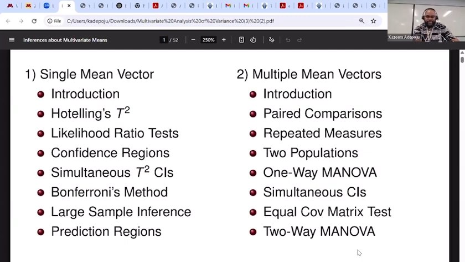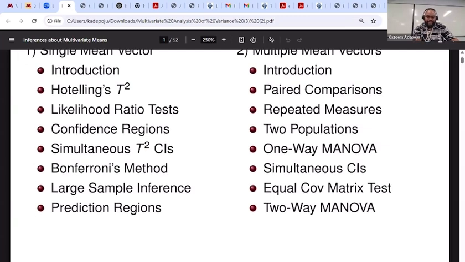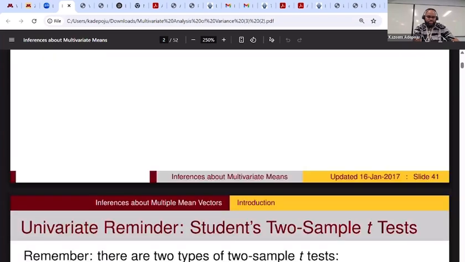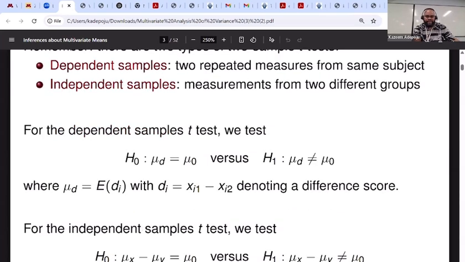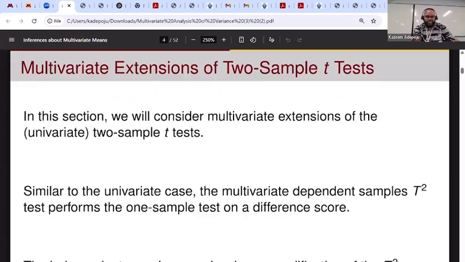But I think I'll first walk you through the univariate version of two sample t-tests. I remember I walked you through dependent samples.